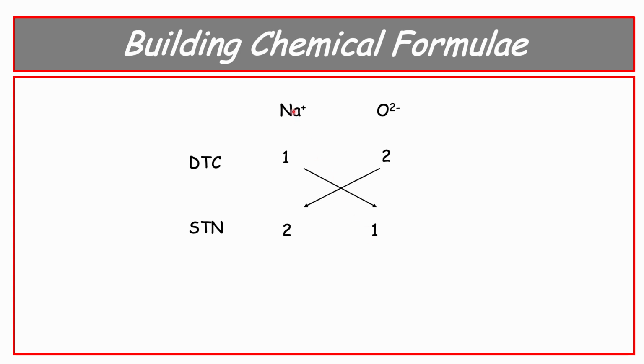So it's 1 plus, so I times oxygen by 1. Oxygen is 2 minus, so I take that number and that's what I times sodium by. So 2 minus, so I need 2 sodium. So all I've done each time is swap the numbers. So that means it's Na2O.